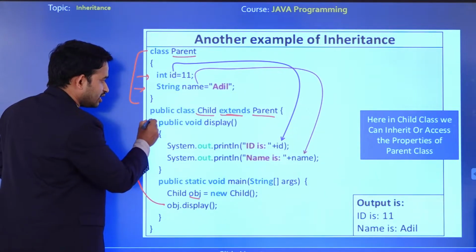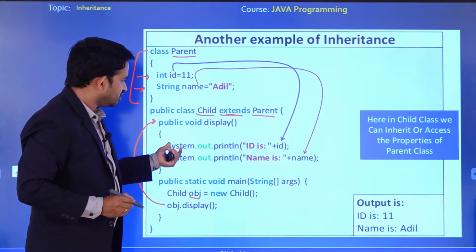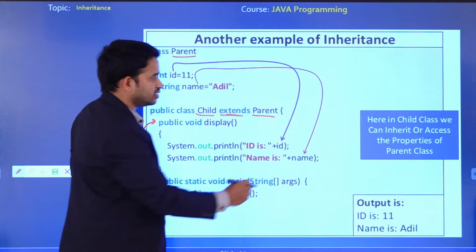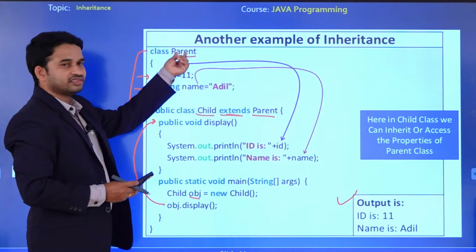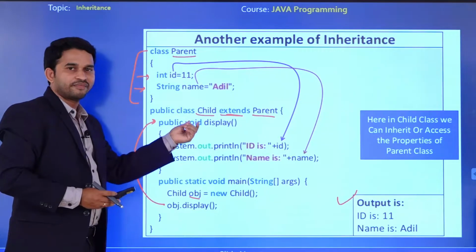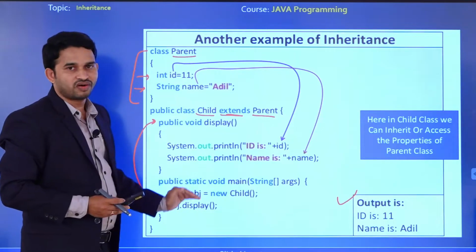The display method inside the child class. What content will it display? ID is 11, name is Adil. So this is the output. Clear, right? Here Parent is the base class, also called the superclass. Here Child is the subclass, also called the derived class. So this is one more example of inheritance.